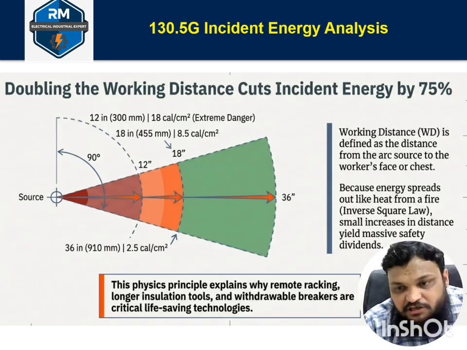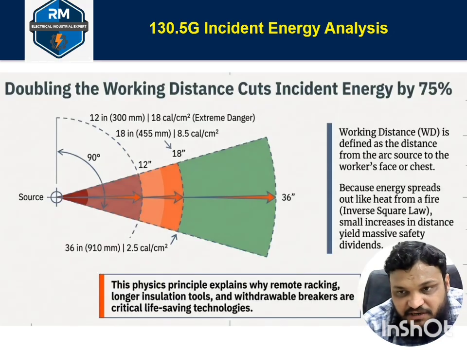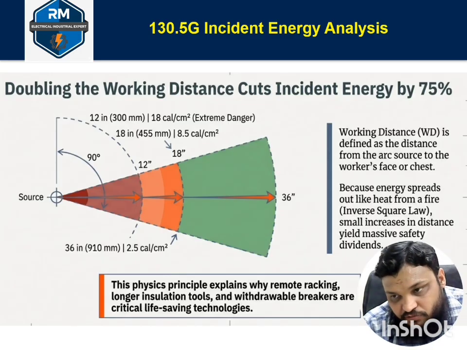If we move away from the live equipment on which the person is working, the incident energy is drastically reduced. For example, when remote racking or long insulated tools are used, they are critical life-saving technologies, because they increase the distance, and subsequently the incident energy is reduced.